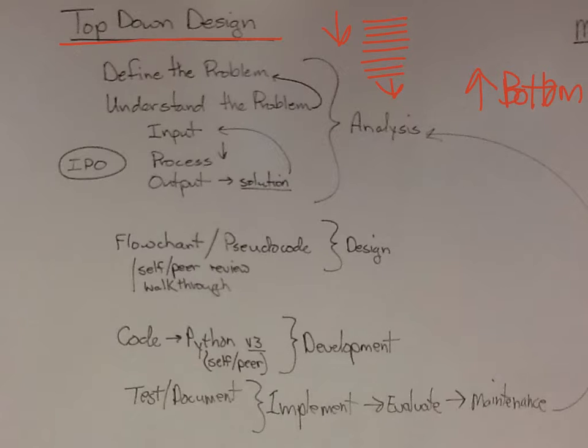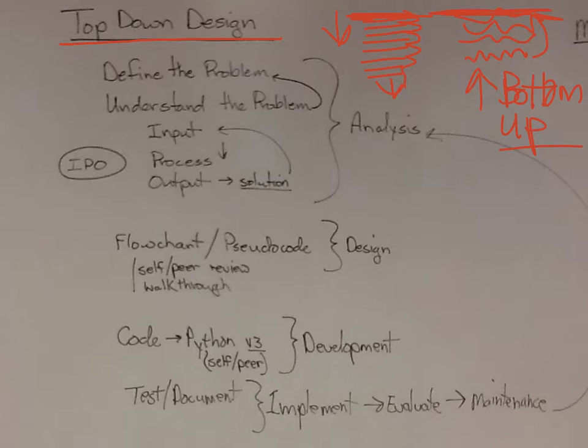Bottom up, sometimes it's called rapid prototyping. The idea is you create something and then you build on it until you get up here what you want. Here you say, this is what we want, now we're going to take the steps to make sure we get it right. Here we start building and we end up here.